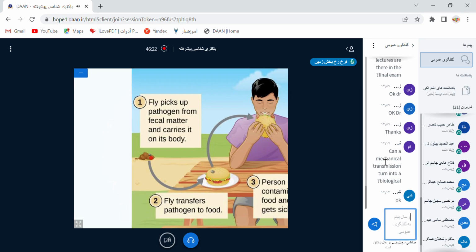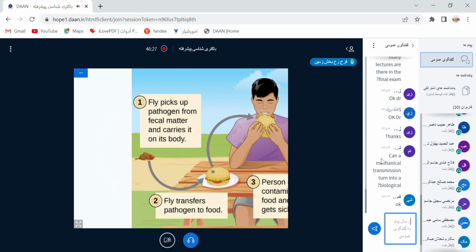Is the presence of the fly obligatory or not obligatory? If the presence of a fly or an arthropod is obligatory for completion of the life cycle, it is a biological vector. And if it is not obligatory, it is mechanical.